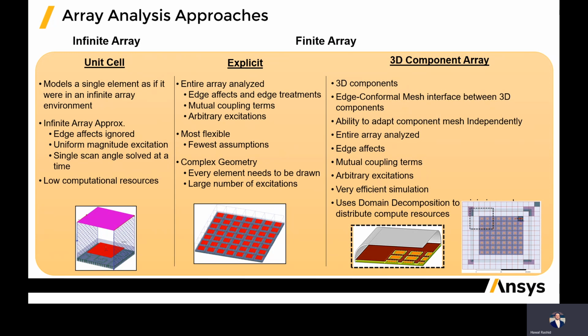In this case, the edge effects could be ignored compared to the rest of the array structure, and we could simulate it using one antenna element in an infinite array environment, which has the same coupling in all directions.